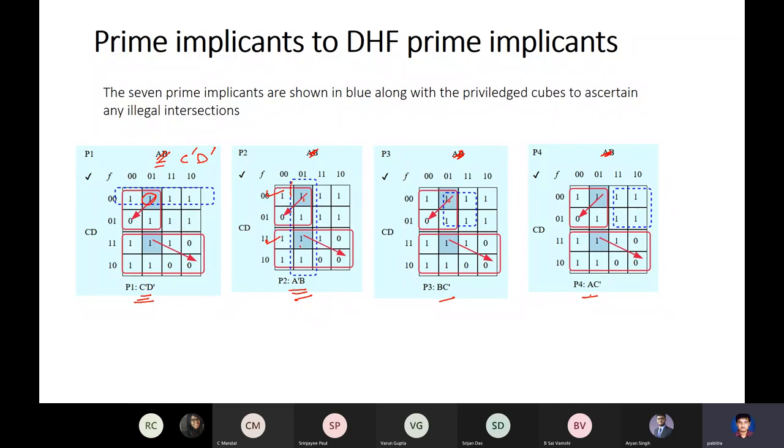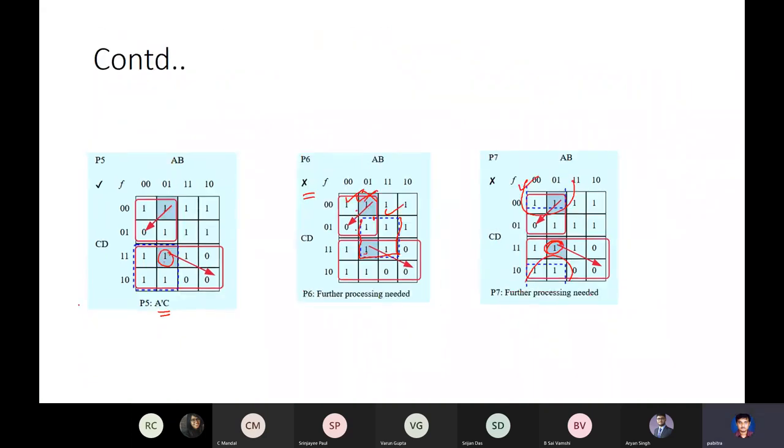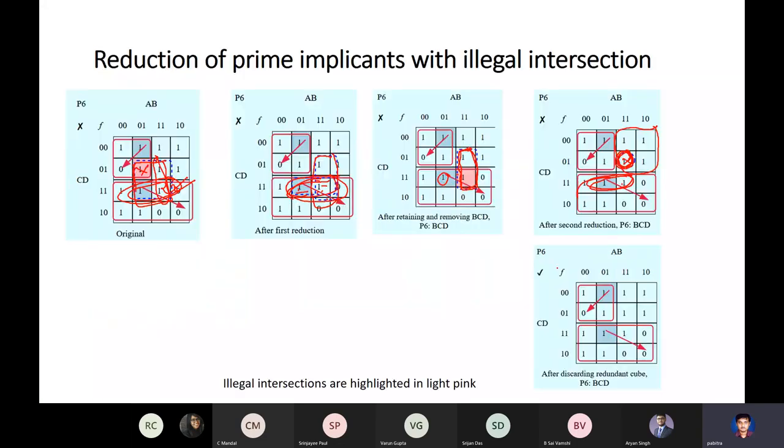They do not have any illegal intersections, so they are DHF and we can use them to cover. This one was not legal, so we reduced it by breaking it down, and after breaking down we checked whether it is redundant or not, whether it is covered by something else. If it is not covered, we keep it.